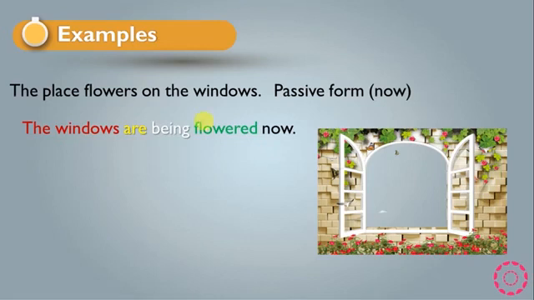As you see, the windows is the object, so we write it at the beginning, and we use are because it is plural, and being as it is shown in the rule or in the form, and flowered, which is the verb, we have changed to past participle, and now. So also you have to rewrite now as a complement.